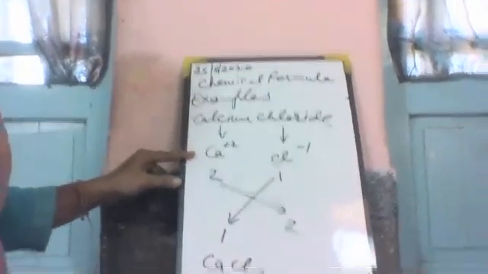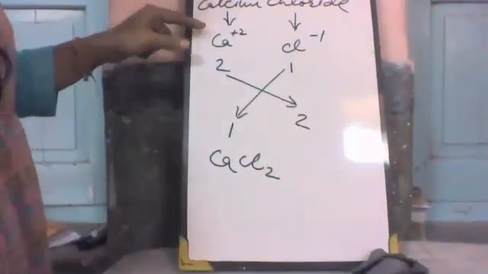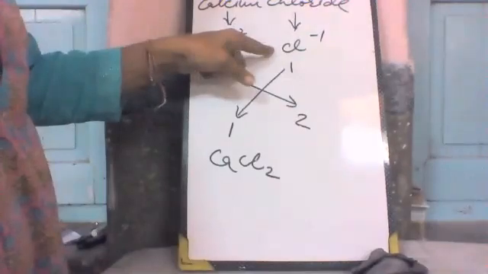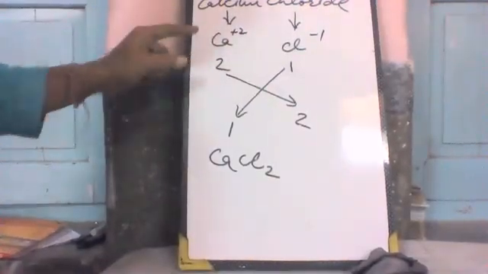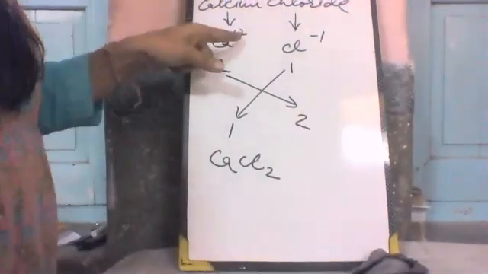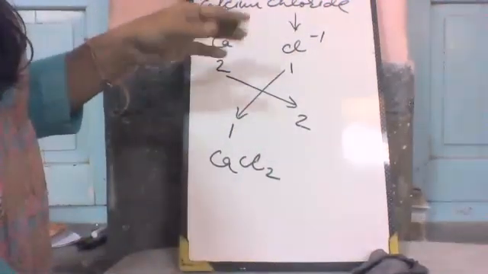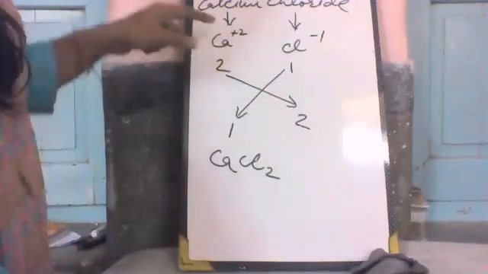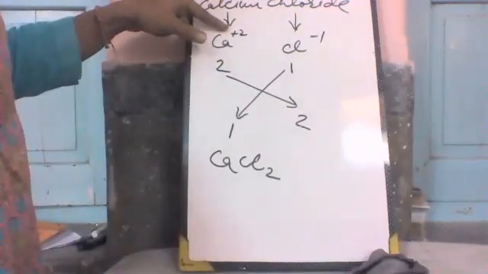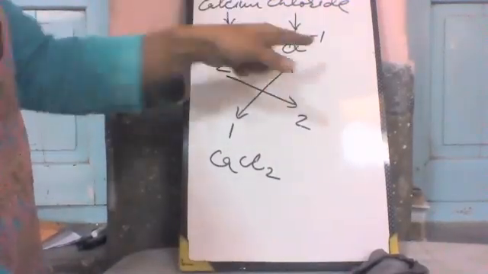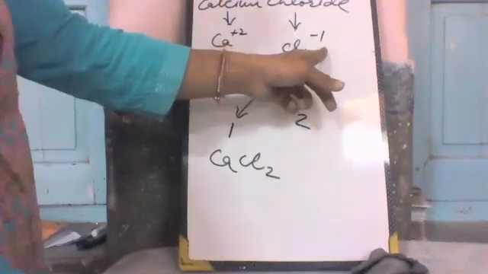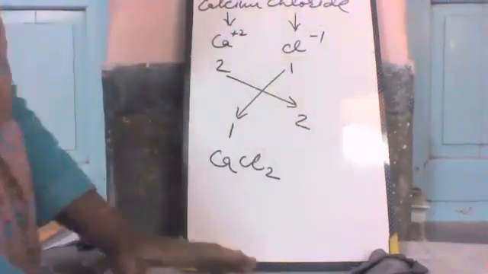What do we have to do? Write the symbol of the element first, then its valency: +1, +2, +3, -1, -2, -3. Calcium has +2 valency, write its valency. Chloride has -1 valency, write its valency.